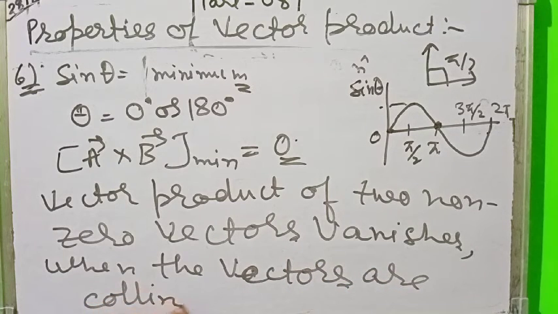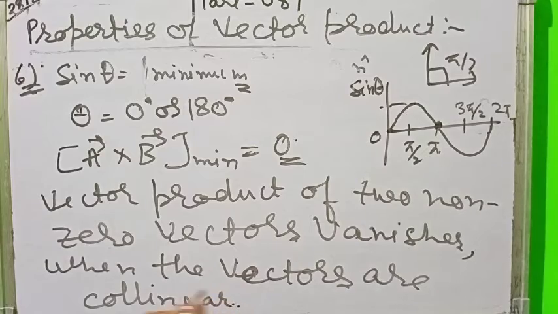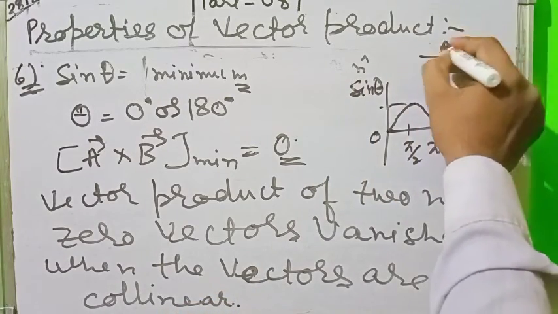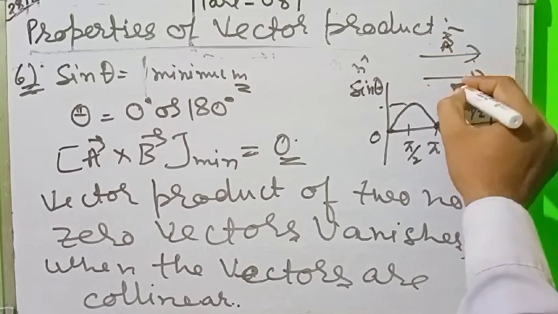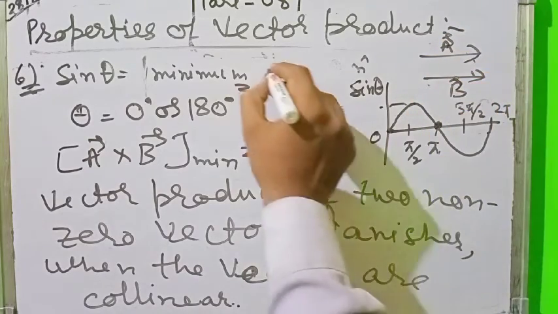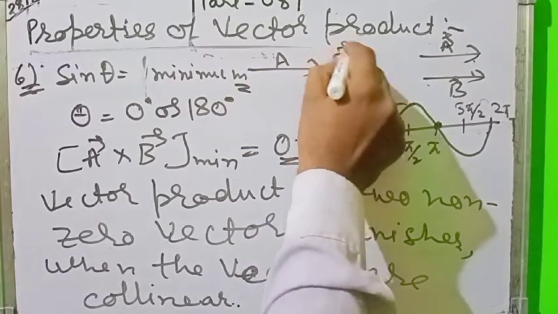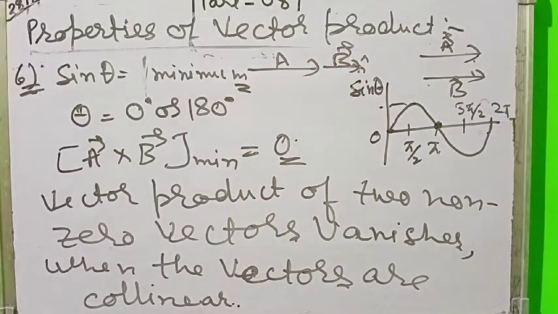When the vectors are collinear, this is vector A and this is vector B, or this is vector A and this is vector B. In both cases we will get the minimum value of the product. Cross product will be minimum.